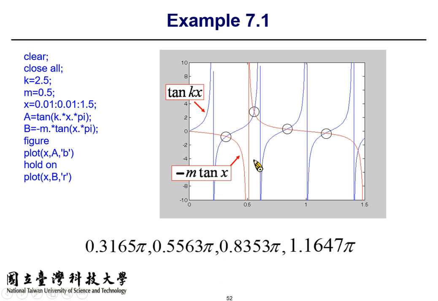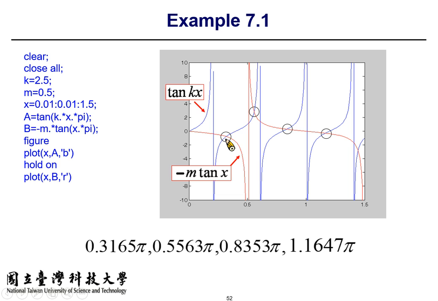So it's not a stable solution. You probably cannot have a real solution at this position. It's just a transition region from infinity to minus infinity. So the stable solution can be found here.